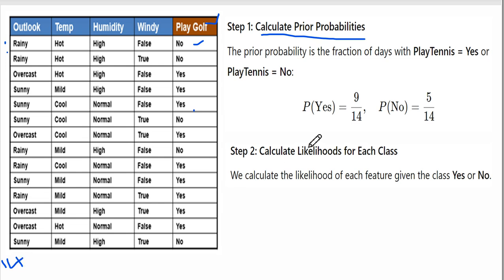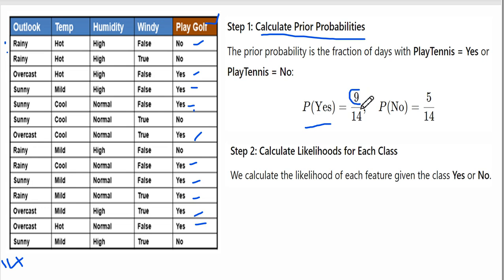From 14 records, what is the probability for yes? How many yes records are there? 1, 2, 3, 4, 5, 6, 7, 8, 9. We have 9 yes records.